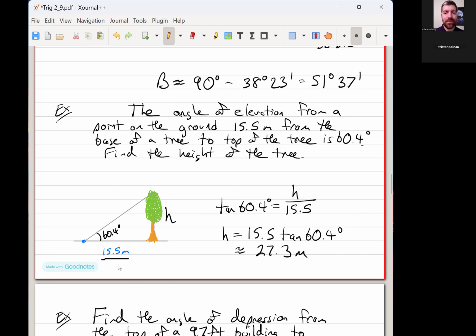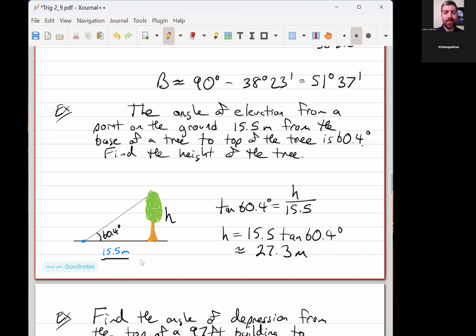So what would that be? 100 centimeters, or no, 10 centimeters, right? So 15.5. We also measured the angle of elevation, 60.4 degrees. Okay. We want the height of the tree. And here the height is the opposite side from the angle that we have.